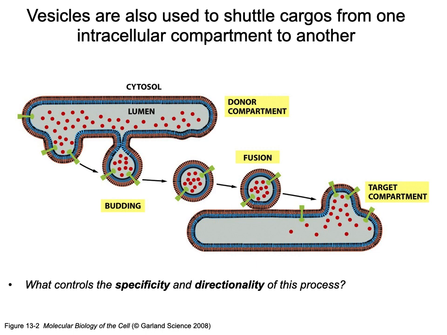What happens is that you get this budding off, and then we're going to have a target component. With the target component, we then have fusion of the membranes from the vesicle with the membranes of the target component. Proteins found on both the vesicle and the target component allow for this fusion to happen, and we'll look at that process where SNAREs are involved.